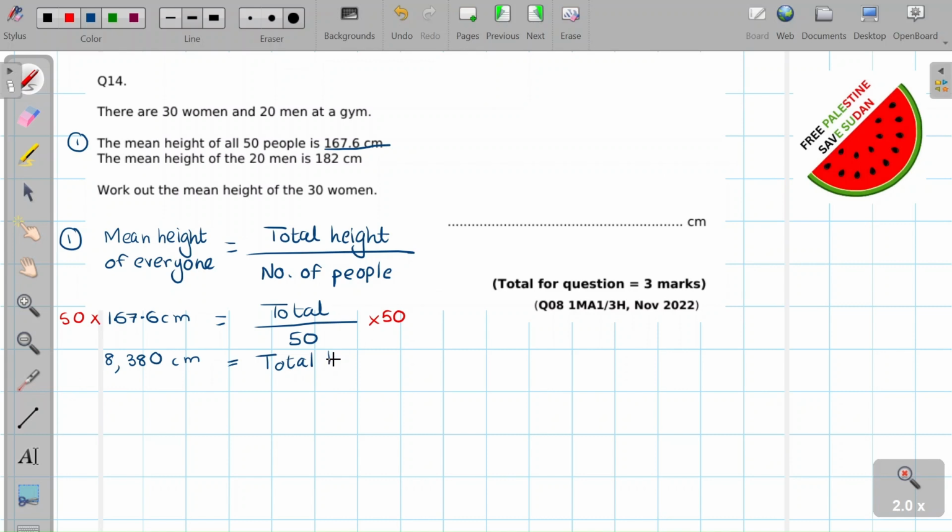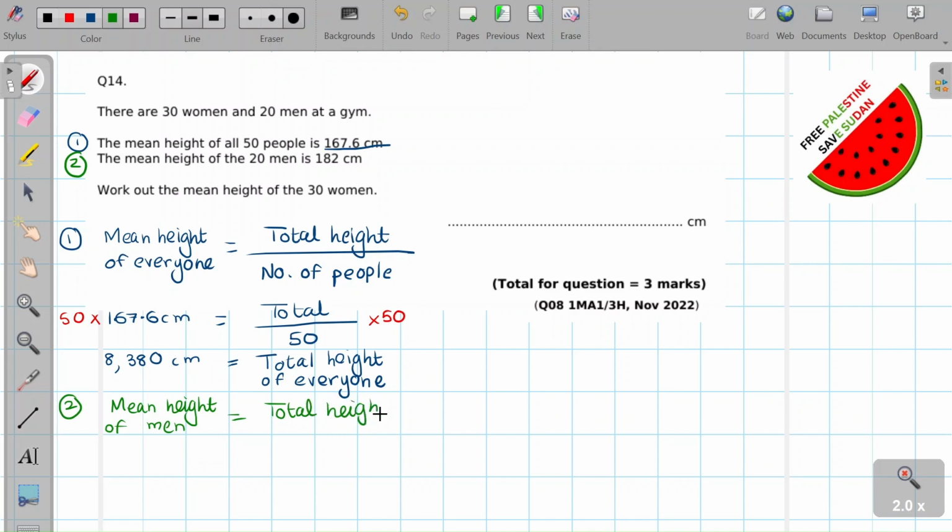So this is the total height of everyone, which is 8,380 centimeters. Let's look at number 2, the mean height of the 20 men. So again, mean height of the 20 men is total height divided by the number of men.